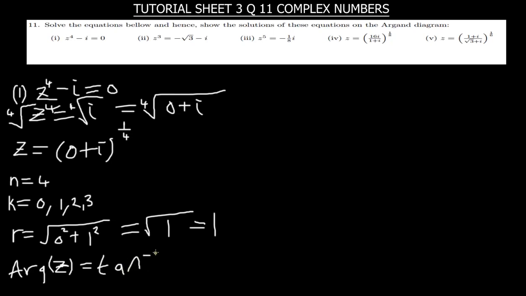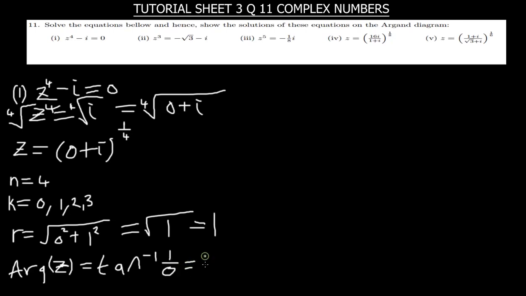My y here is just the coefficient of i, and then my x is 0. So my y is 1, the coefficient of i there is 1, then divide by 0. But remember, any number divided by 0 gives what? Infinity.